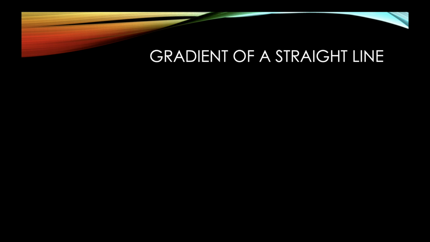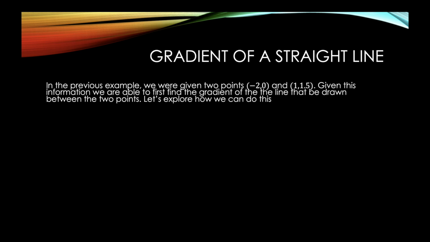So how did we actually derive the equation y equals a half x plus 1? First of all, we have to derive the gradient of this straight line. With those 2 points, -2, 0 and 1, 1.5, we have been given enough information to find this gradient.